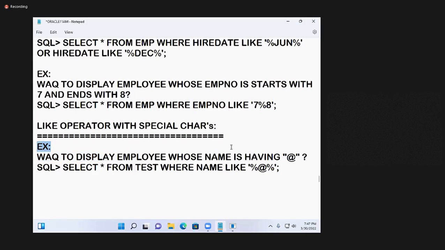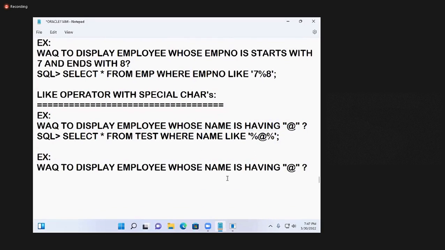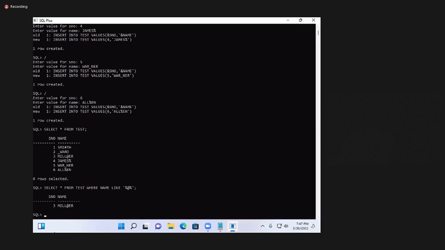Okay, and the next example, let me see. Suppose in the next example, we want the names that have Ash. Here we simply pass percentile, Ash, percentile, and execute it.